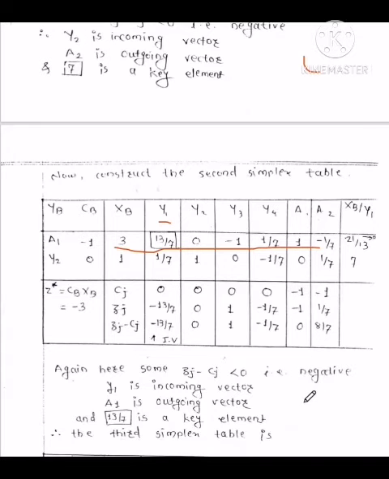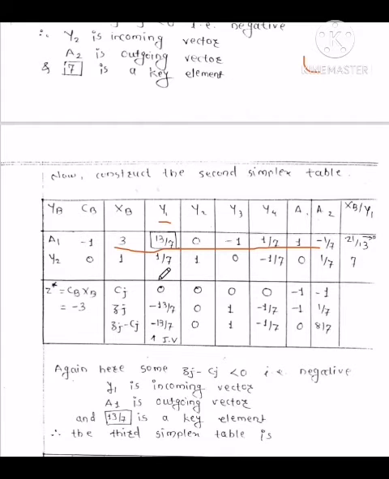Now we will find out the outgoing vector. The outgoing vector is found by calculating the minimum ratio of xb upon incoming vector. So xb means 13 by 7 divided by incoming vector 1, that is 13 by 7, and 3 upon 13 by 7 is 21 by 13.